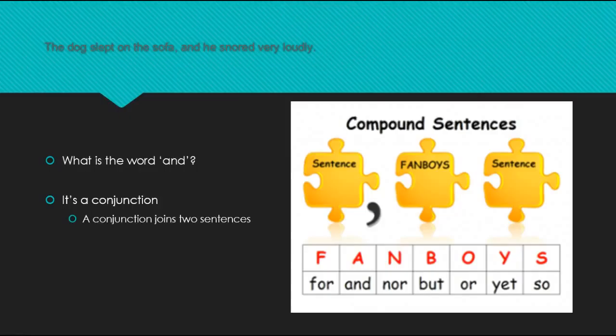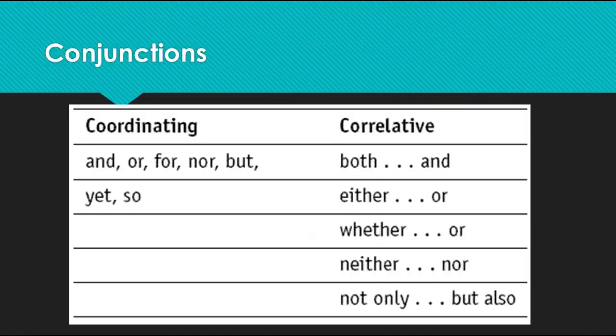So if you remember the word fanboys, you can place a conjunction below each letter. F for for, A for and, N for nor, B for but, O for or, Y for yet, or S for so. Granted, you might not remember that immediately, but we'll keep working on it. Here are those conjunctions again, okay?